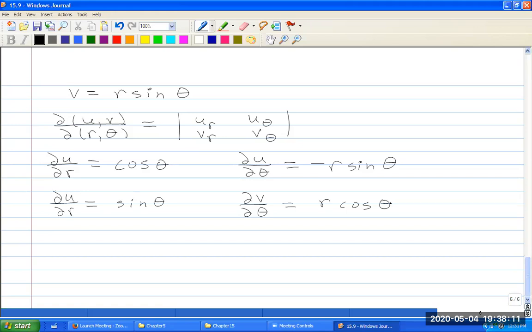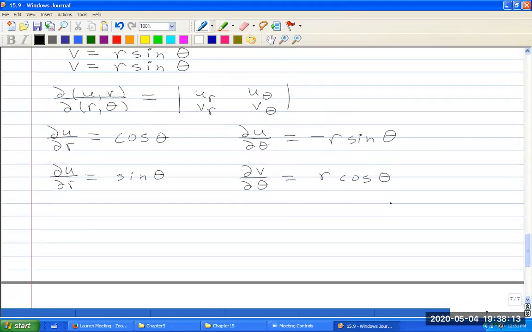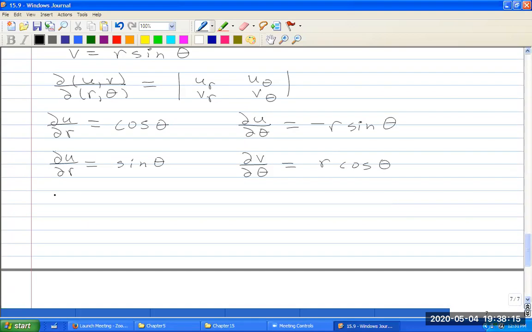Okay, so let's determine this Jacobian. And this will be what we need to multiply by.